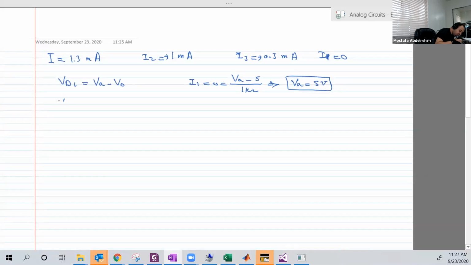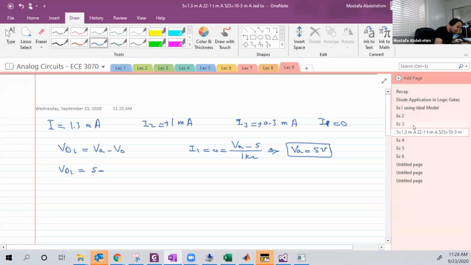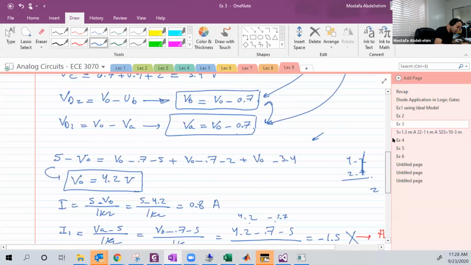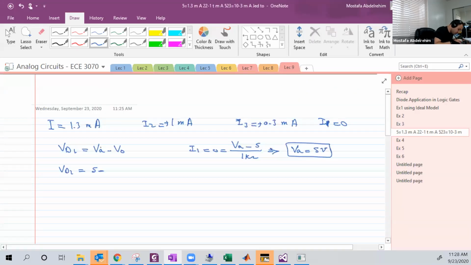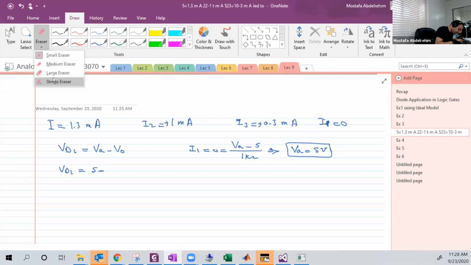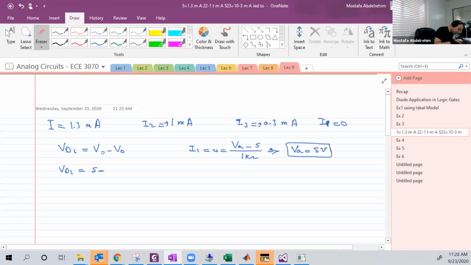So VD1 is equal to VA, which is 5, minus VO. I'm sorry, VO minus VA. I'm very sorry. VO minus VA.